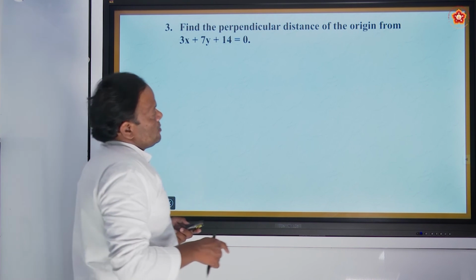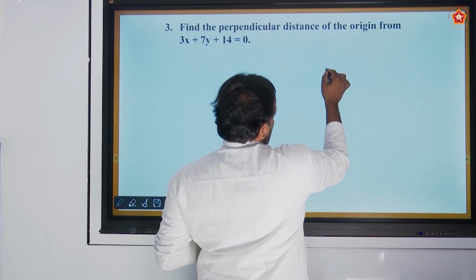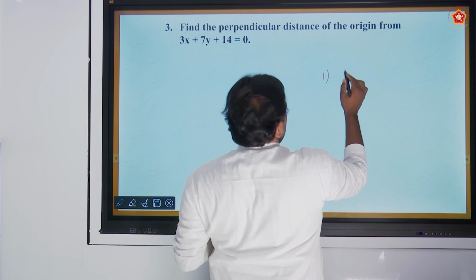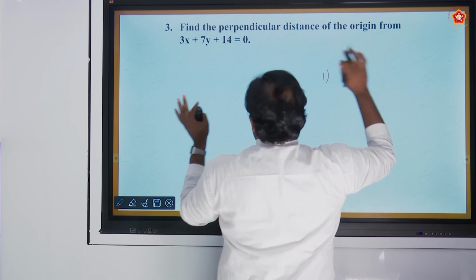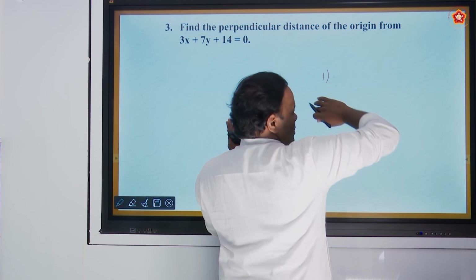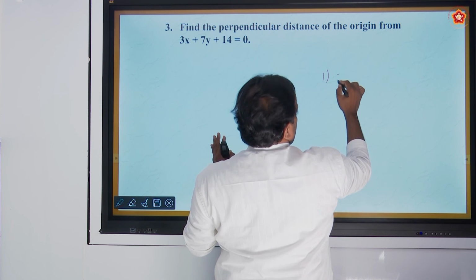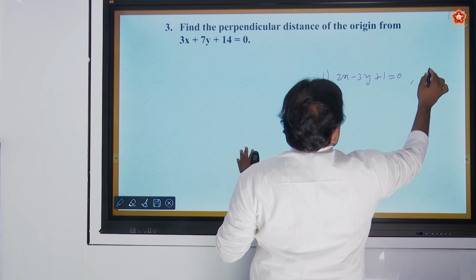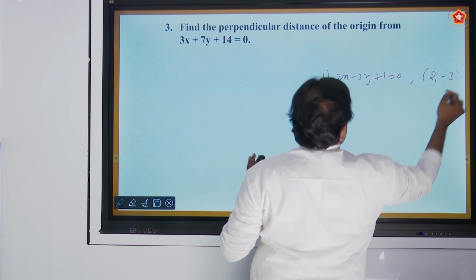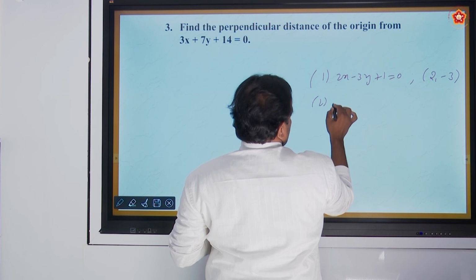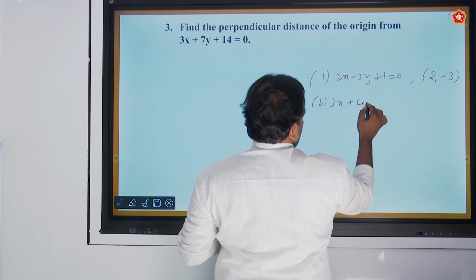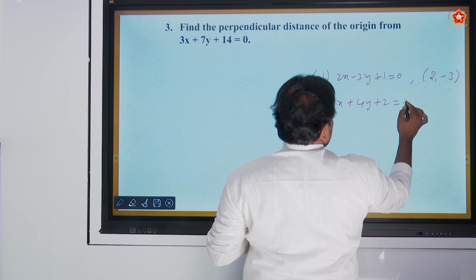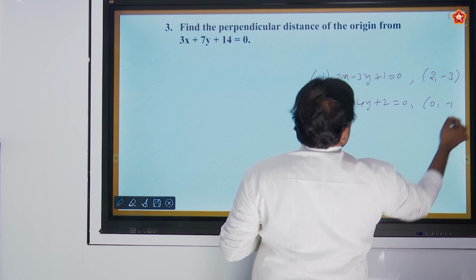Okay, so I give some homework assignment questions for you. I write the line equation and point directly. You have to find the distance between the point and the line. First, 2x - 3y + 1 = 0, the point is (2, -3). Second, 3x + 4y + 2 = 0, the point is (0, -1).